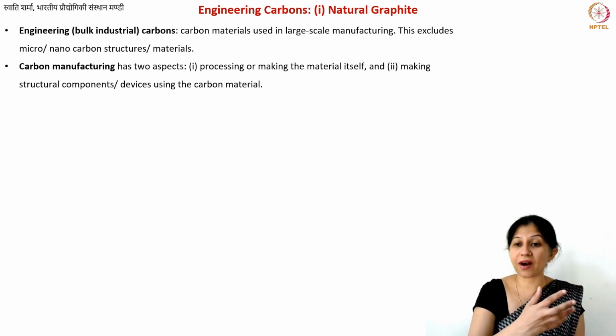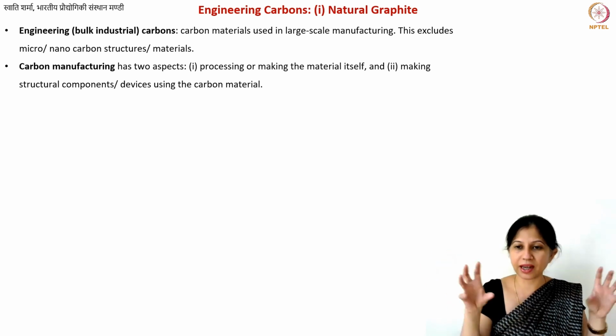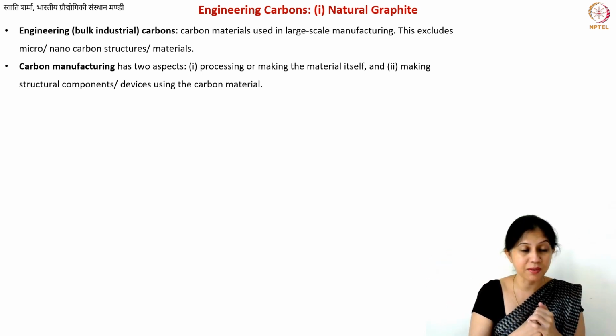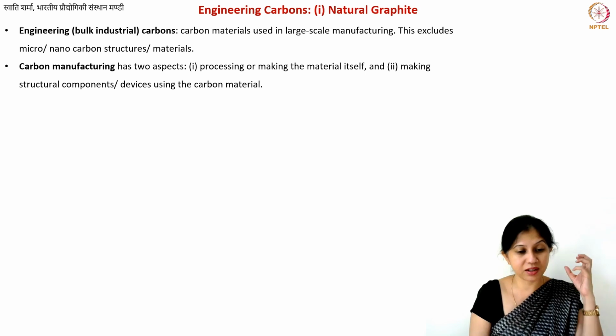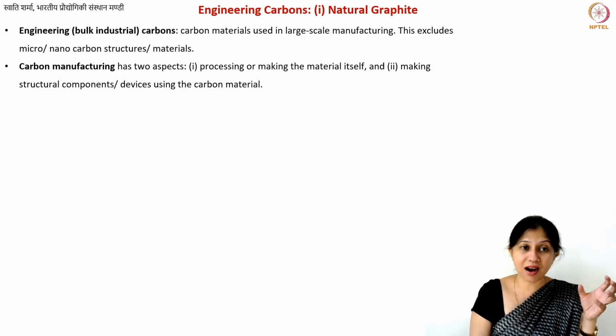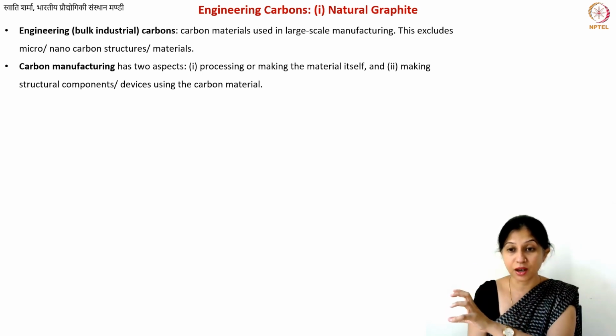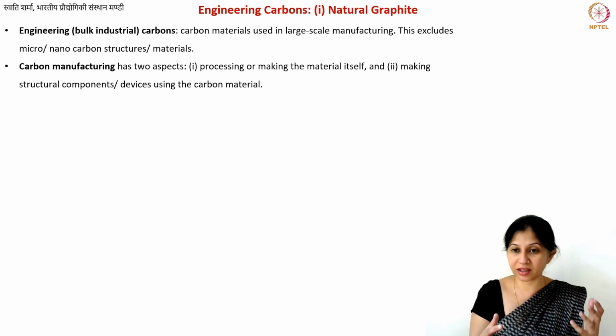Similarly with carbon fibers, you can make composites, and then you can make, I don't know, orthopedic implants out of them. So carbon-based processing happens in multiple steps. You start with raw materials, do the fundamental processing to get the purified carbon material itself, then this carbon material is further processed, and then you make structures, and then devices if you need to. These are the different aspects of carbon-based manufacturing.